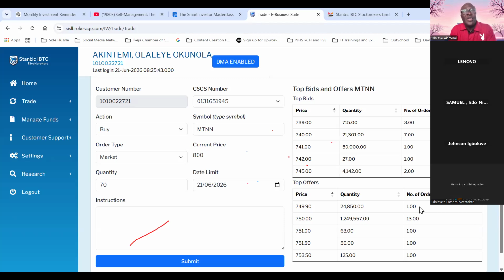And then somebody else might log in another 10 minutes later, and the lowest offer might be 780 naira. So sometimes somebody tells you it's now a lower price, it doesn't matter. That's fine. Move on. Don't lament on it.